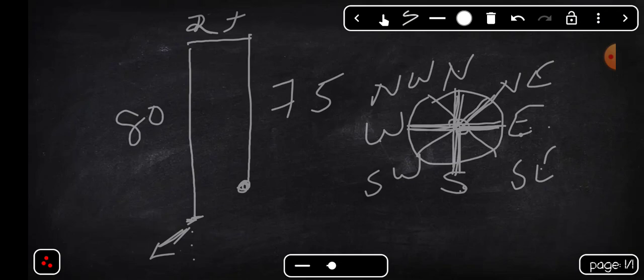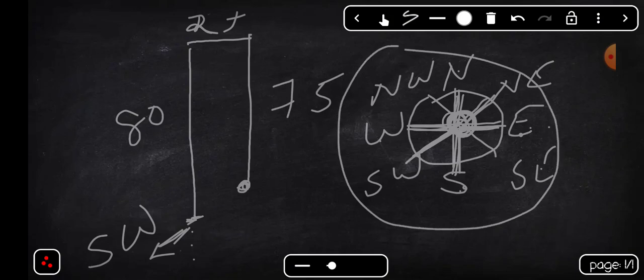This central portion is the position where Dev reached. This is the central position. Now this is the right position. That means it will be southwest direction. We should keep this picture in our mind. This central portion is our own position, where we reached.